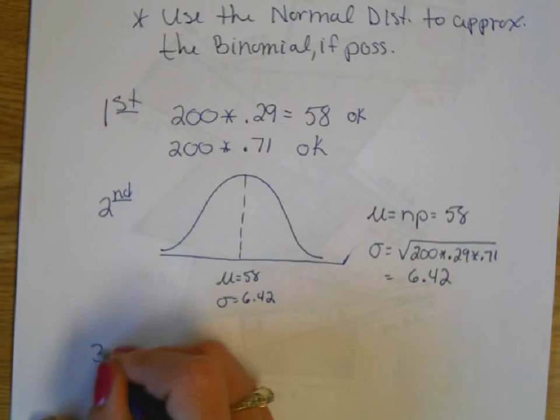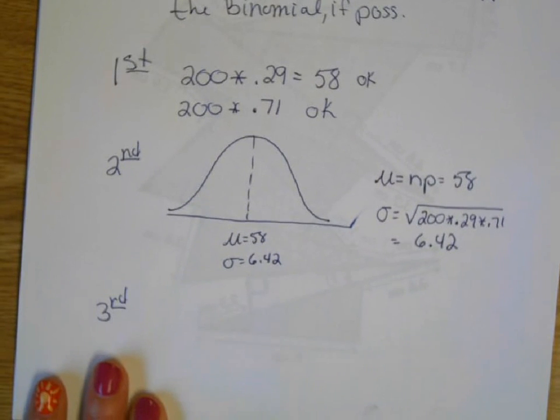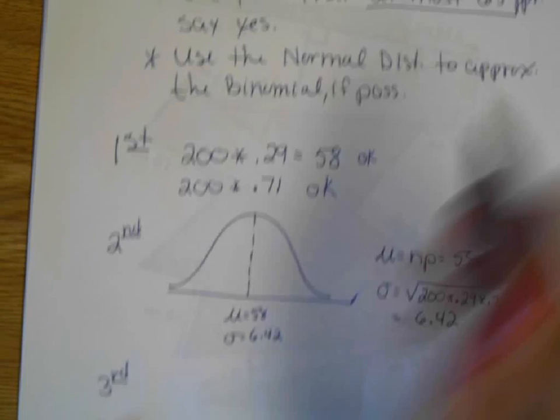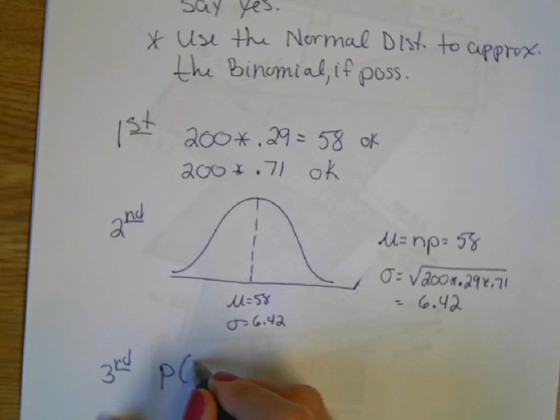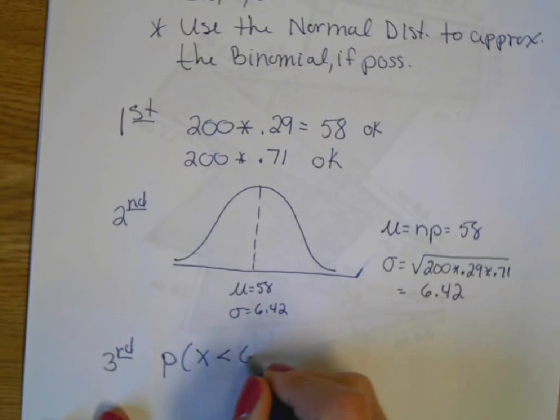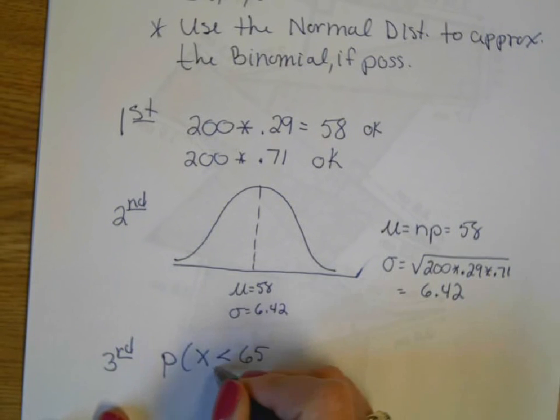Now our third step is to write the probability question and then make the correction for continuity. So we need to write the first thing. What does at most 65 mean? Less than or equal to 65.